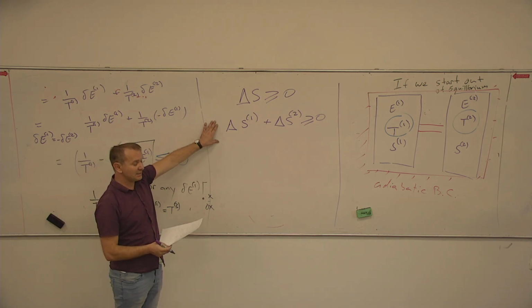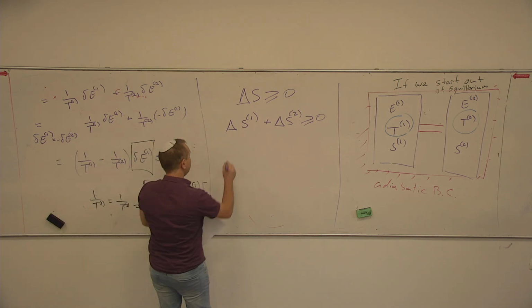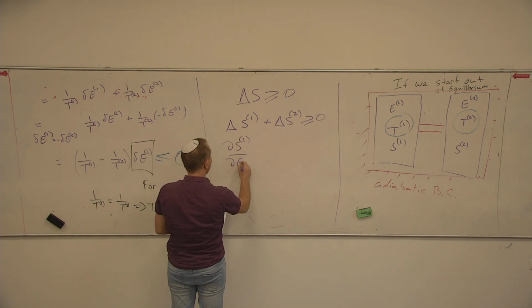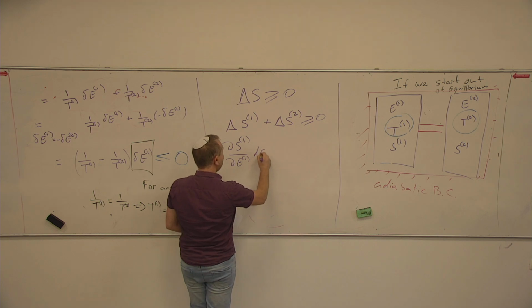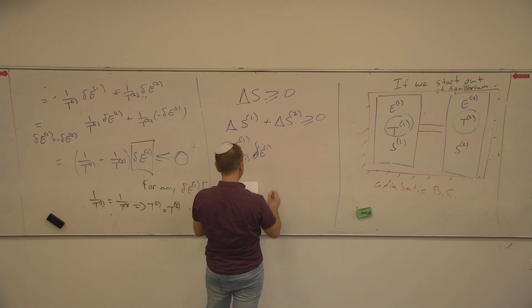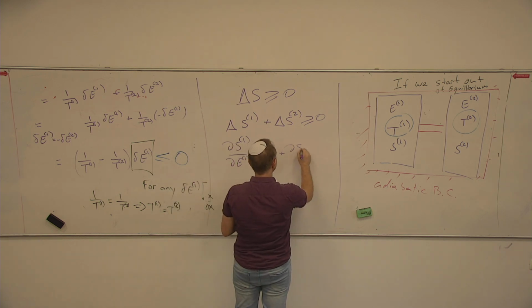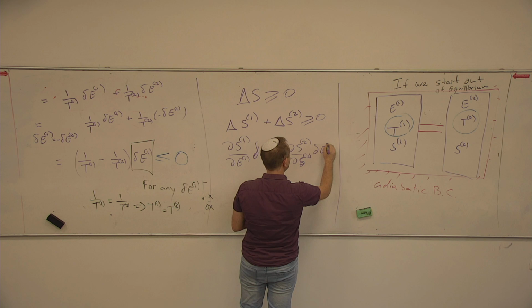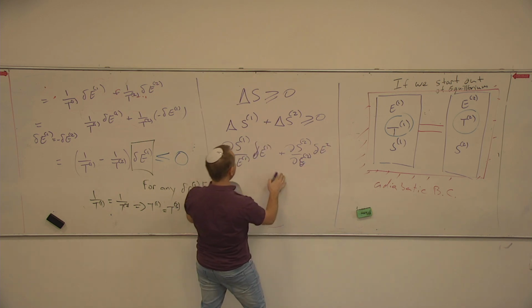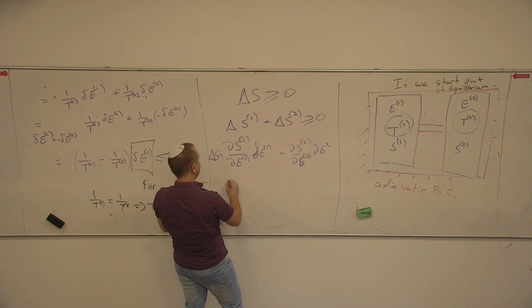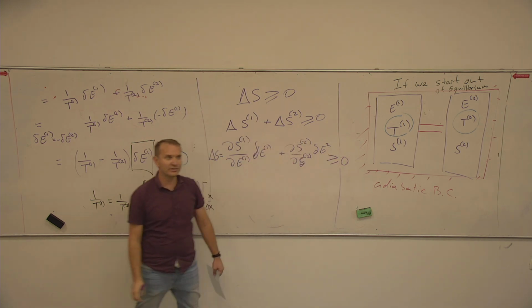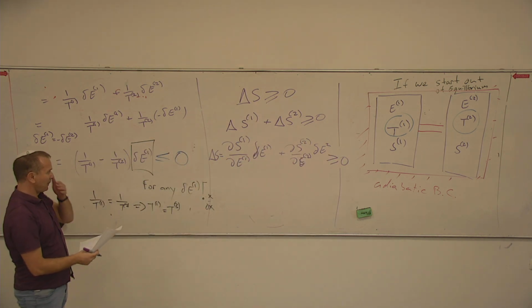Again, the same trick as I did before. What is delta S? It is delta S1 over delta E1, times delta E1, plus delta S2 over delta E2, times delta E2. And I know that this is delta S, and it has to be greater than 0 this time.